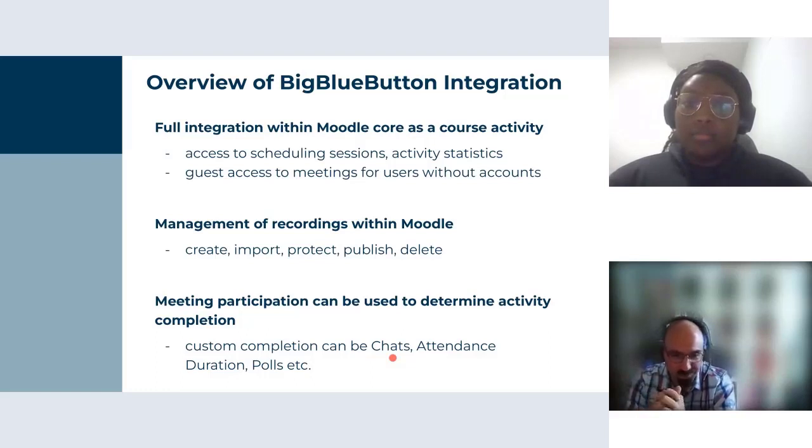This was a feature that was probably expected a long time ago. So anyone who is not already in the Moodle system could receive a link and participate in the meeting.